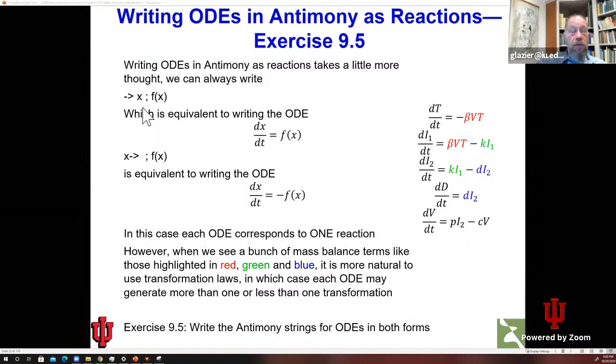If I write nothing goes to X at a rate f of X, that's equivalent to writing dx by dt equals f of X. If I write X goes to nothing, semicolon f of X, that's equivalent to writing dx by dt equals minus f of X. So I can write any ODE that way.